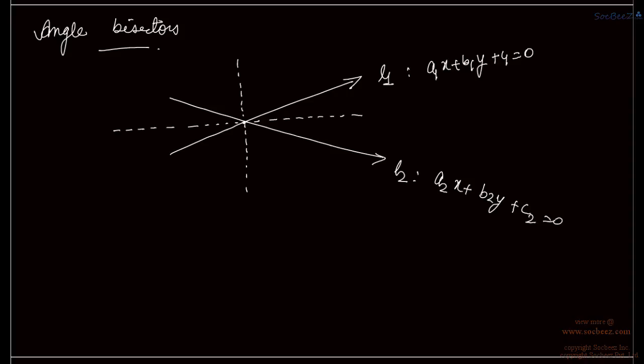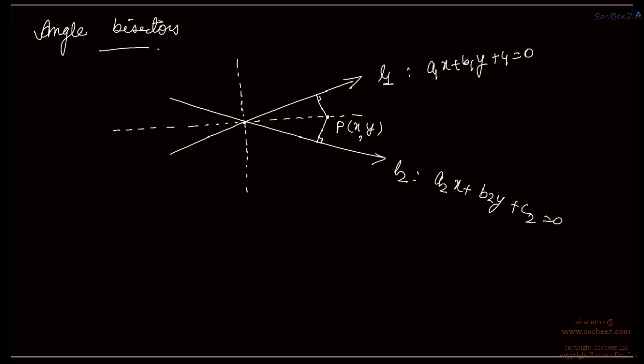If we want to write the equation of this angle bisector, let us name this point P, a moving point, as xy. This point P is equidistant from both lines, that is L1 and L2.